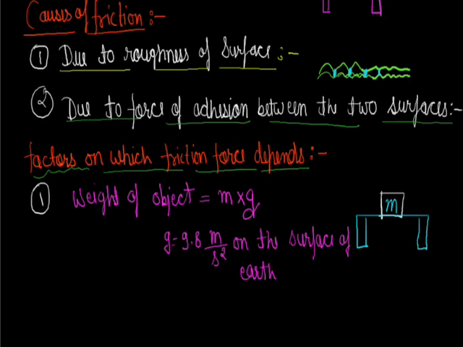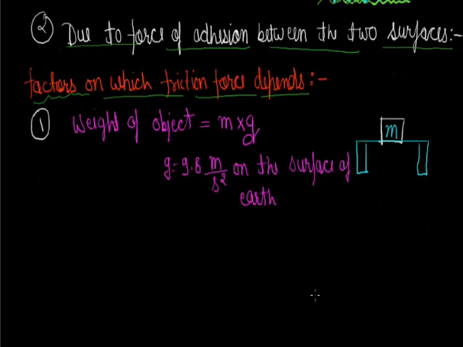So we can say frictional force is directly proportional to the weight of the object. Suppose force of friction is small f, which is directly proportional to W, the weight of the object.